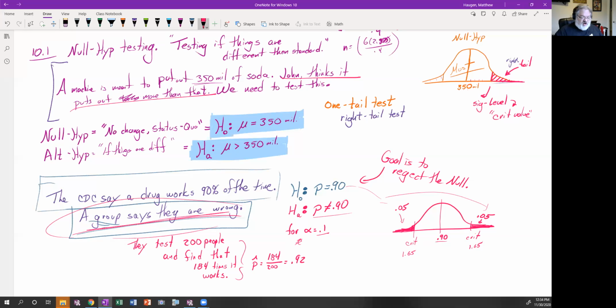Is 2% above enough to be in these ranges? I don't know. Where are those ranges? Well, do we know what the standard error is here? It's a proportion problem, right? What's the standard error for a proportion problem?